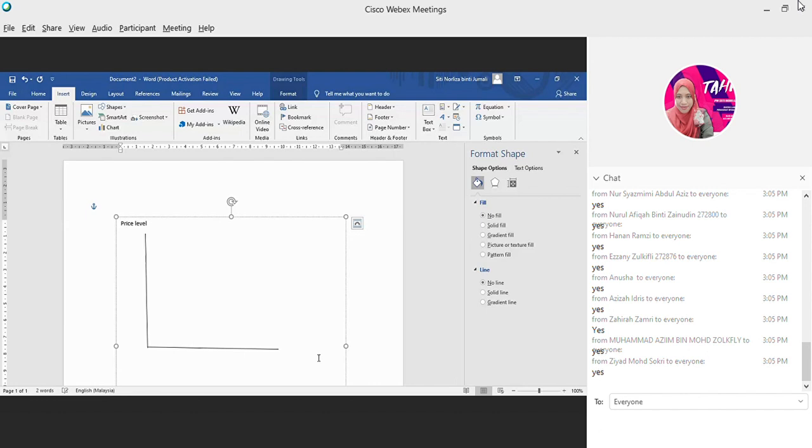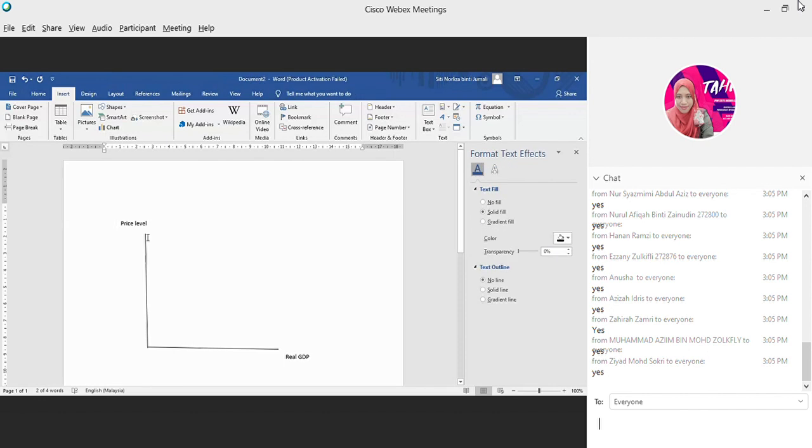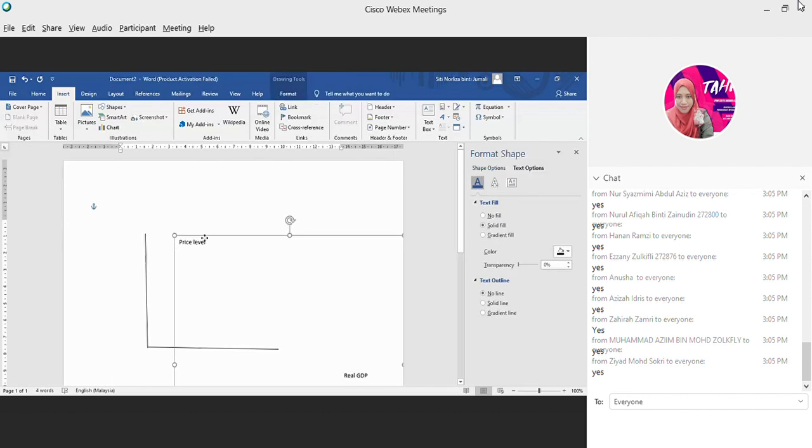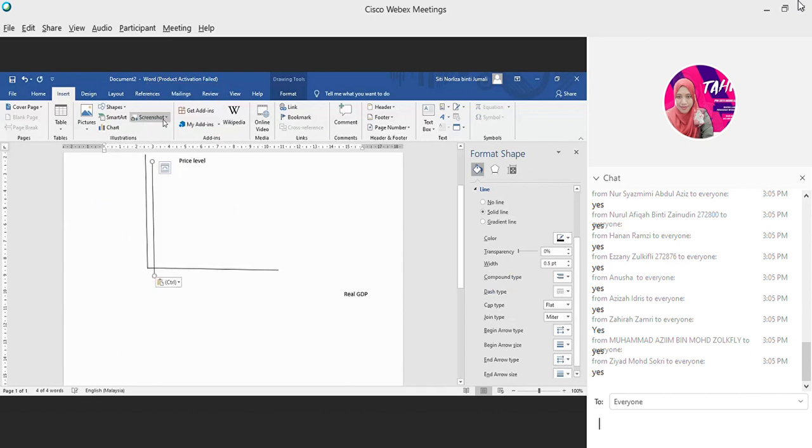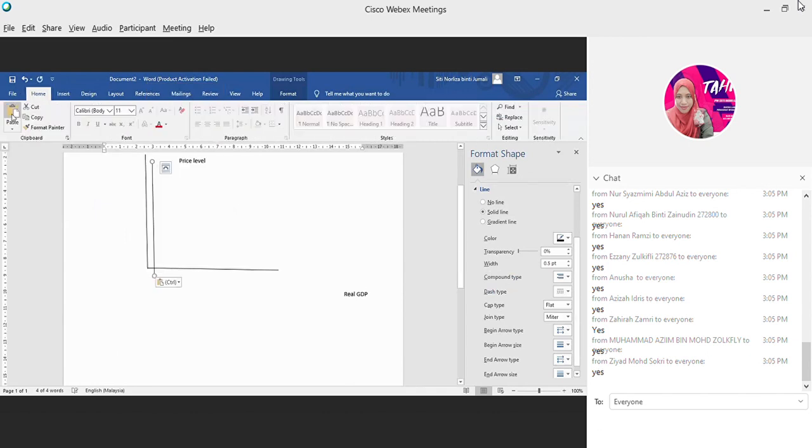The real GDP. Basically I'm using, never mind, just real GDP, okay? I don't want you to be confused right now. So this is price level and this is real GDP. So I'm going to draw the other two. Please, again. Okay.